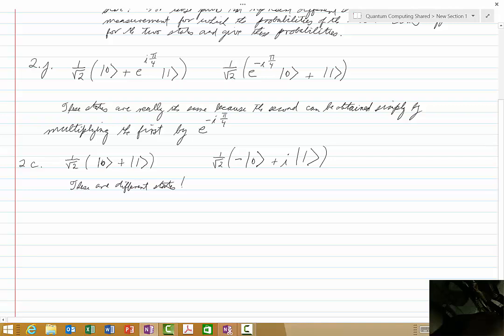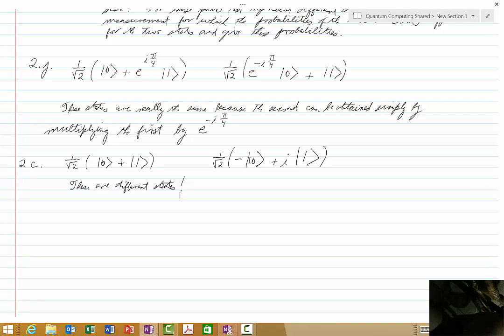And we can see that because there's no scalar by which we can multiply the first state to obtain the second state. You can see that because part of the state, the 0 ket part, has just been multiplied by -1, but the 1 ket part has been multiplied by i. And so since the two parts have been multiplied by different scalars, these two states are not the same.